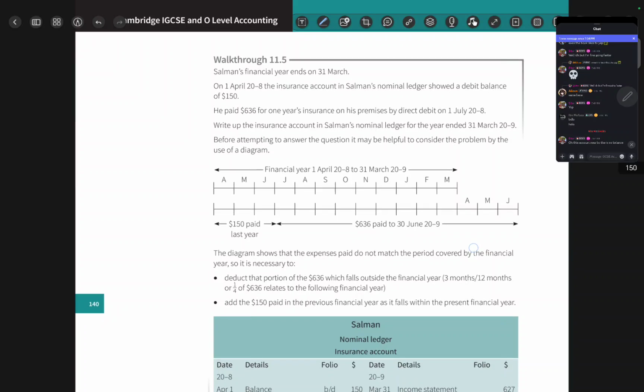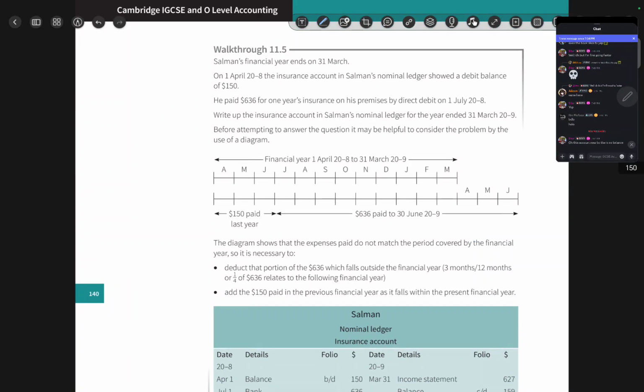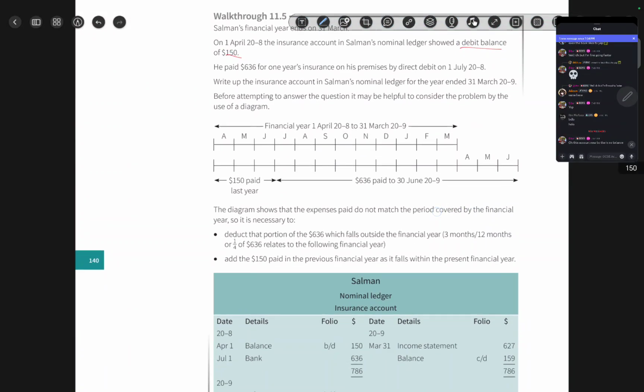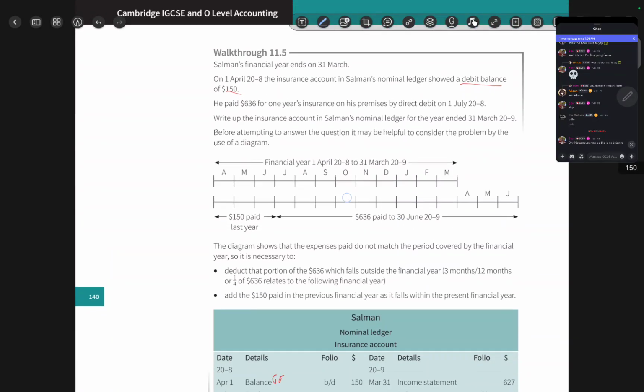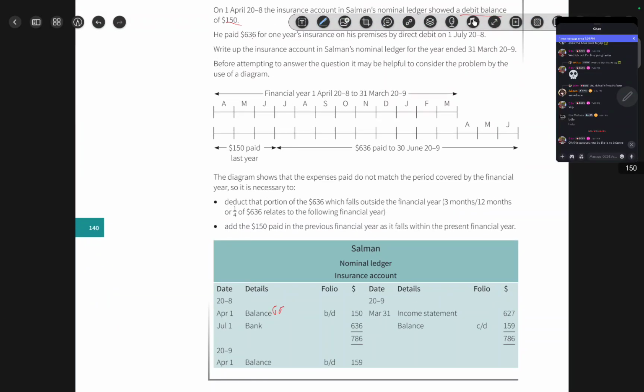Now, what do they have here? A debit balance of 150, something similar probably. This is a debit balance, it's an expense account, meaning that this is prepaid expense. Paid 1 year's insurance by bank on 1st July. So we have 1st July, bank 636. Write up the account for the year 31st March 2009.